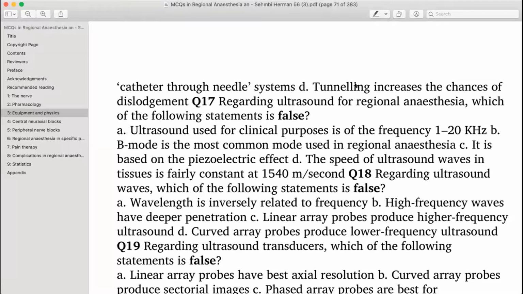But when some structure is deep at 5 centimeters, and your needle is going to that target, in the ultrasound image it looks like you have reached the target, you are touching the target, but actually in the real situation, it may not be there.